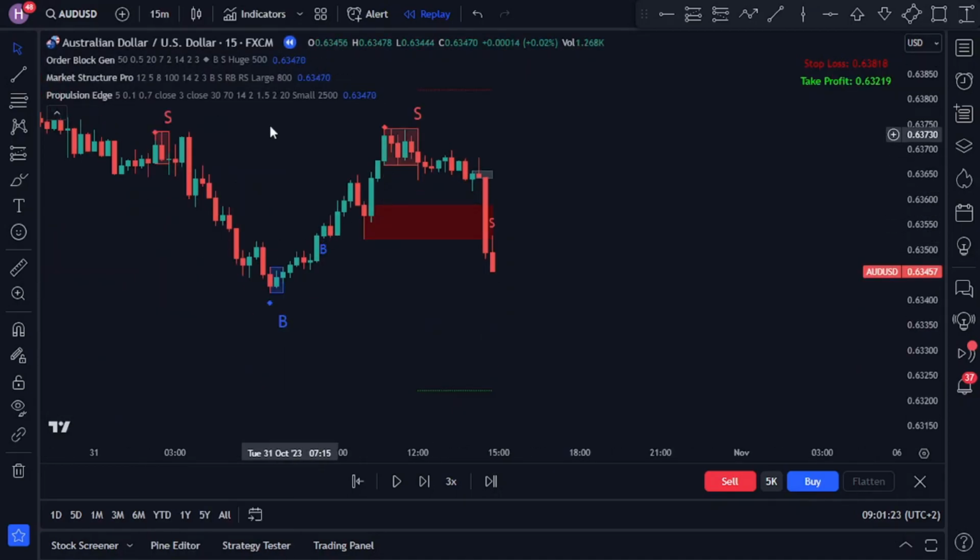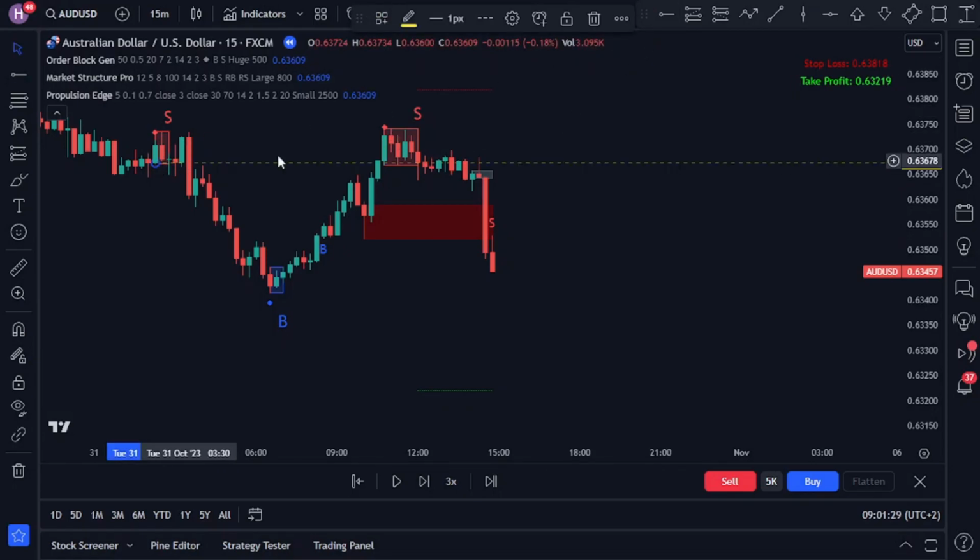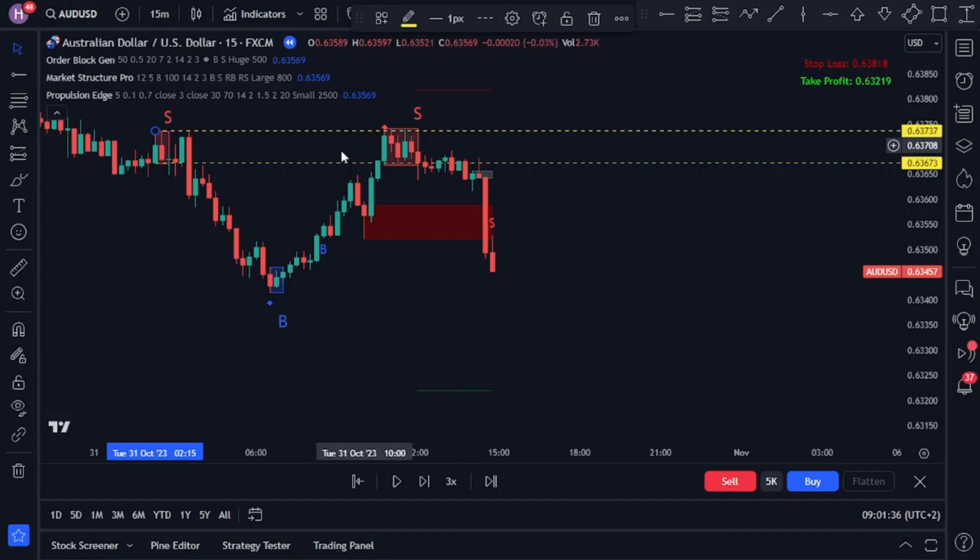From the chart, we have two bearish order blocks which are marked in red and showing us that we have a strong supply zone that has been tested multiple times. What I like to do is mark these zones as follows because price action will often come back and retest these zones in the future.